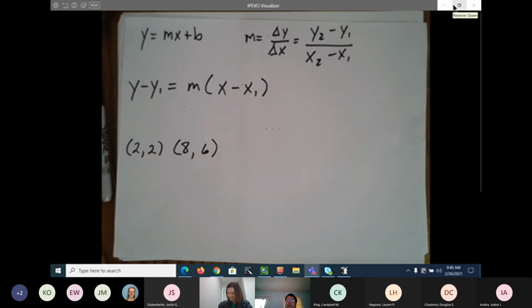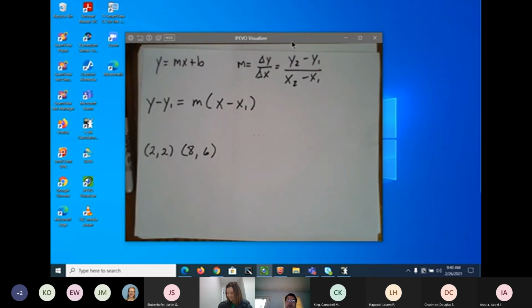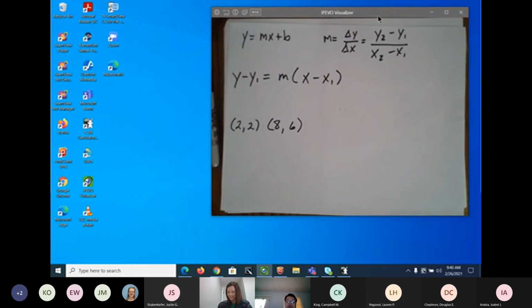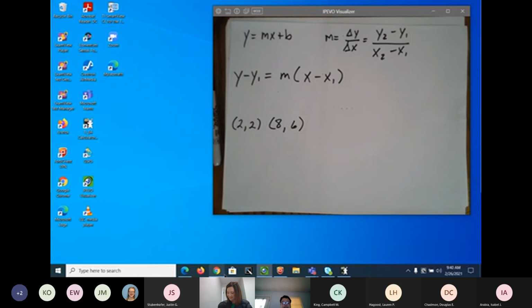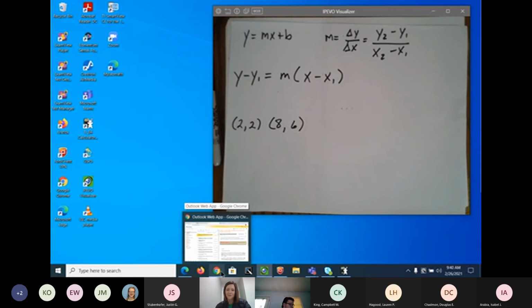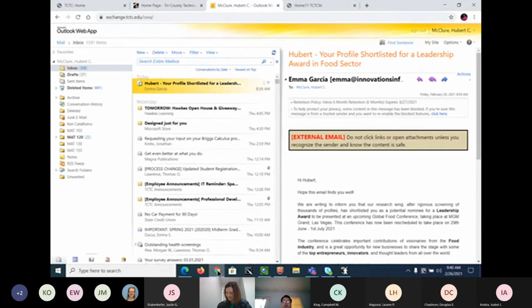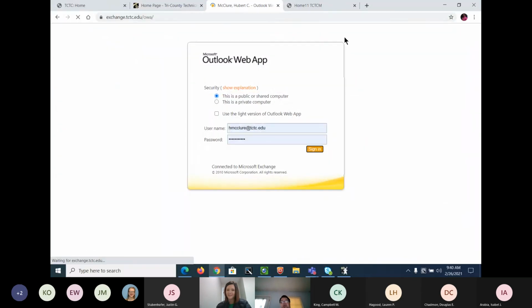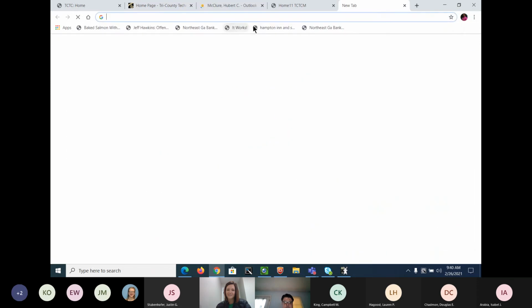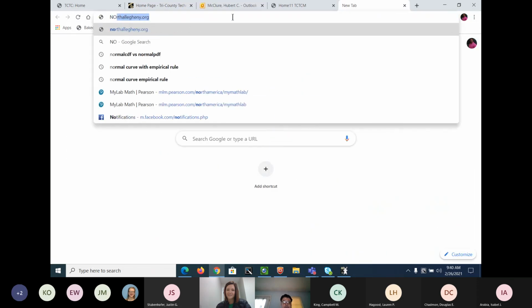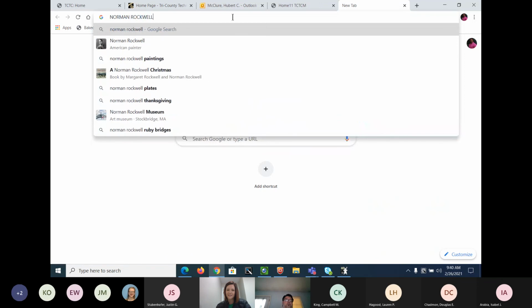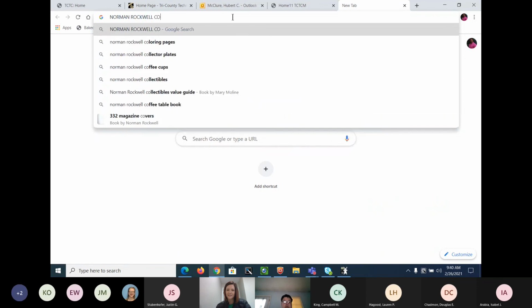I'm going to show you. Y'all don't know what Norman Rockwell paintings look like? He's been around for like 500 years. You know what y'all going to say when I show you? Oh, yeah, I know what that is. No, I don't.